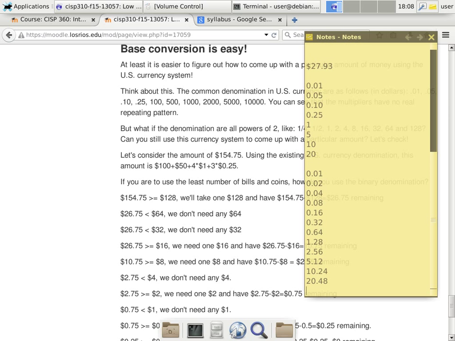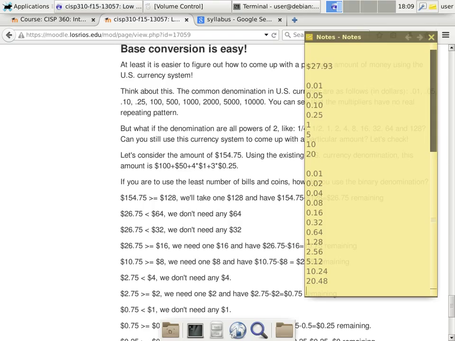So now we change the crazy currency system that we already have into something that makes a whole lot more sense. No pun intended. Using this really odd currency system, can you come up with that same amount of money? Not as quickly, but yes. The answer is quicker.